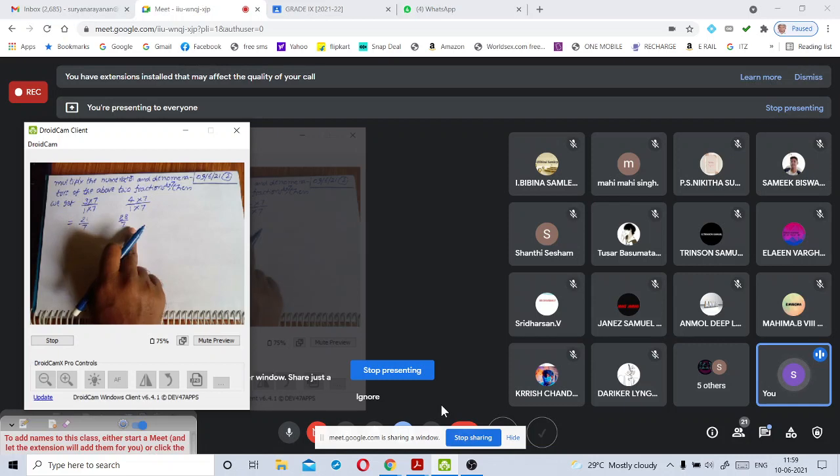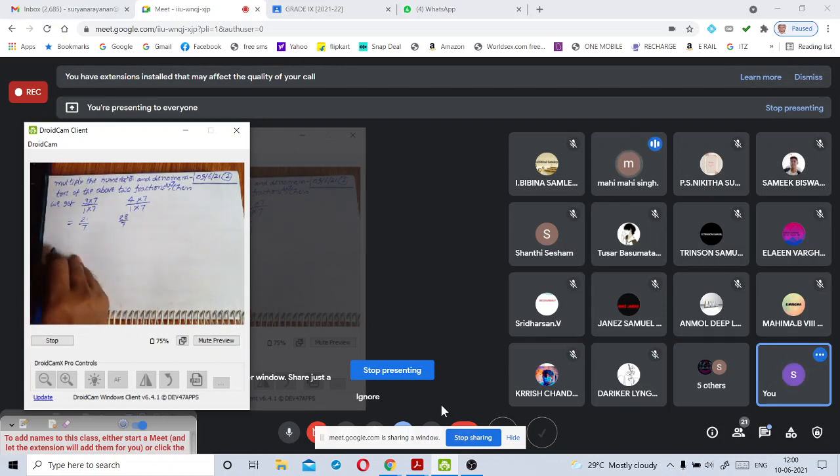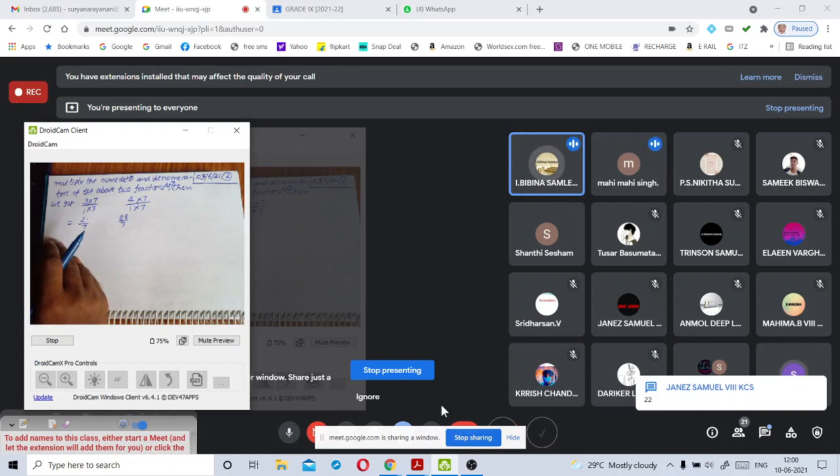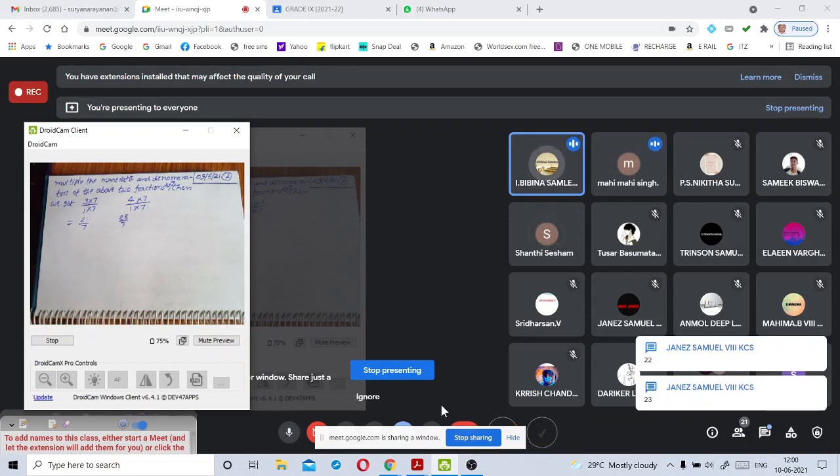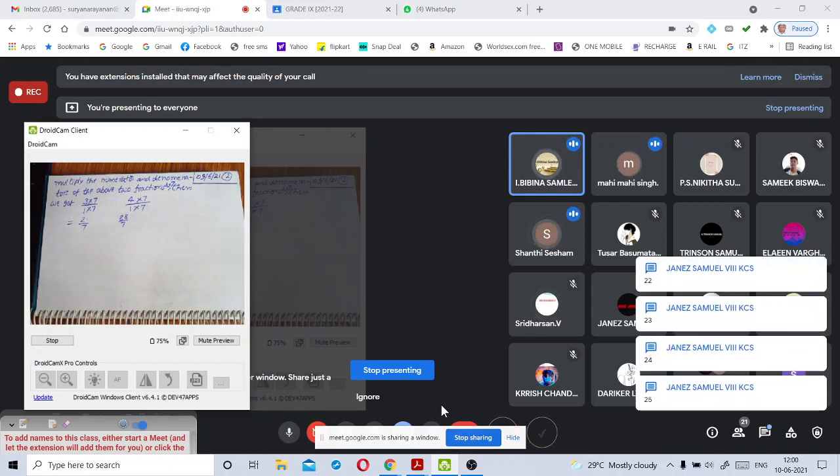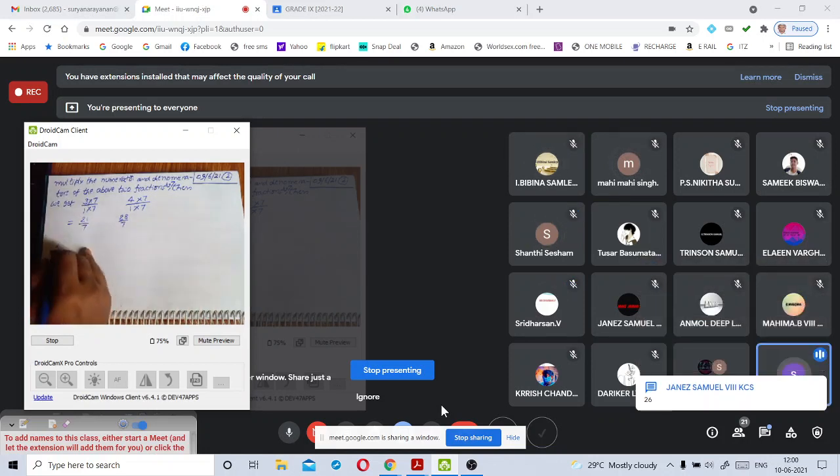Here denominators are same. So between 21 and 28, what are the numbers? Can you tell me? 22 by 7, 23 by 7, 24 by 7, 25 by 7, 26 by 7, 27 by 7. We write the denominators as it is.